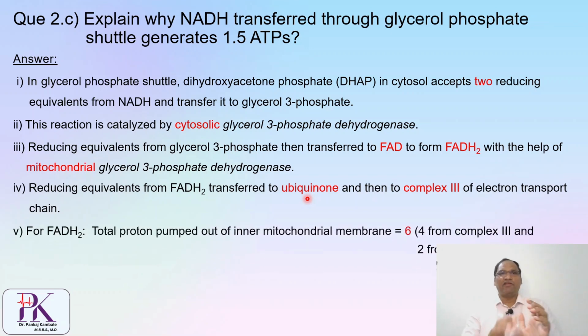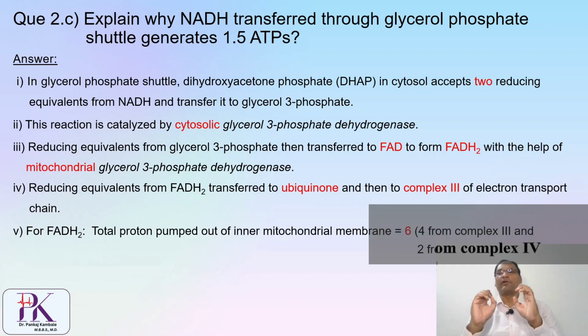Then we will focus on how these 1.5 ATPs are generated through FAD. This is a very specific question and we will be very specific in answering so that you get 100% marks. For FADH2, the total proton pump out of the inner mitochondrial membrane is 6: 4 are pumped out from complex 3 and 2 from complex 4.